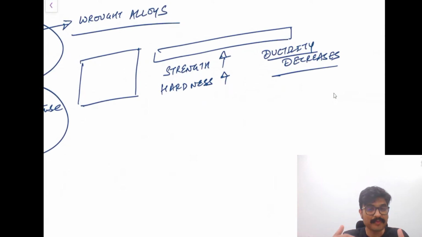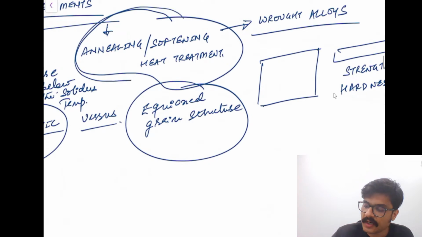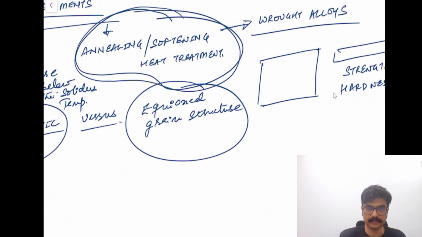Now, when I want my properties to revert back, when I want to regain my softness, when I want to regain my ductility and get the metal or the alloy in its starting form, then what do I do? I do a softening or an annealing heat treatment, right?